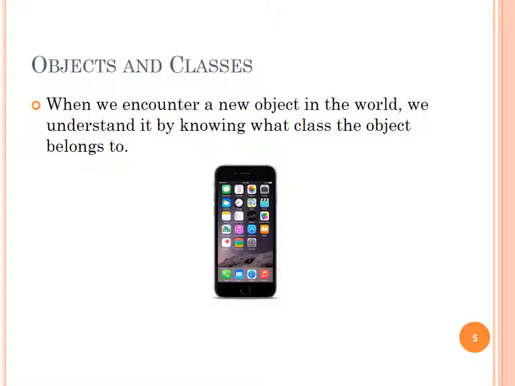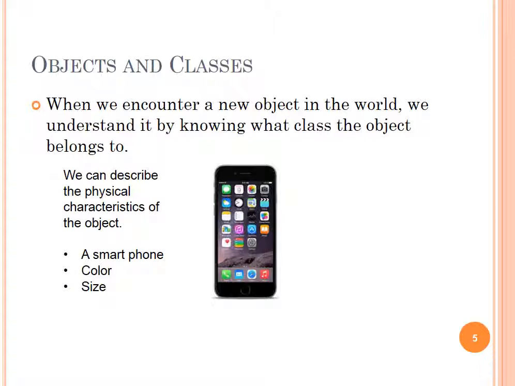Now, if you were to ask me about this thing, I could tell you what its physical features are. And this, by the way, are physical features of all cell phones. The characteristics: we know that it's a member of a class of thing called smartphones. All smartphones have color. All smartphones have a size. They have a weight. They have a height. They have a width.